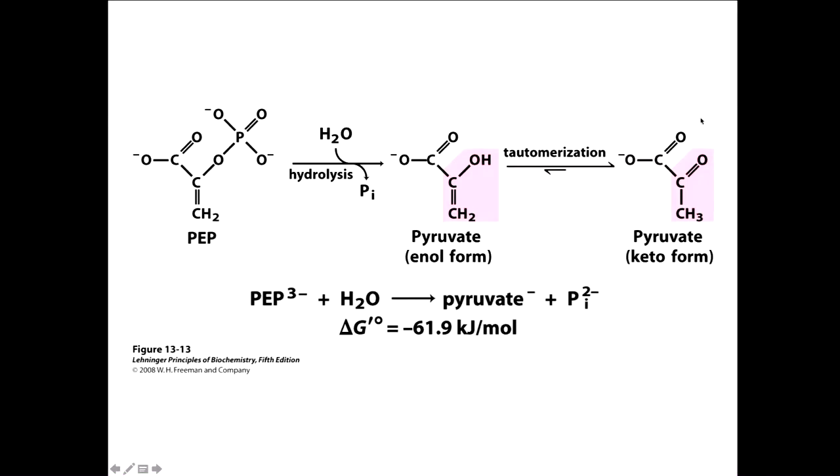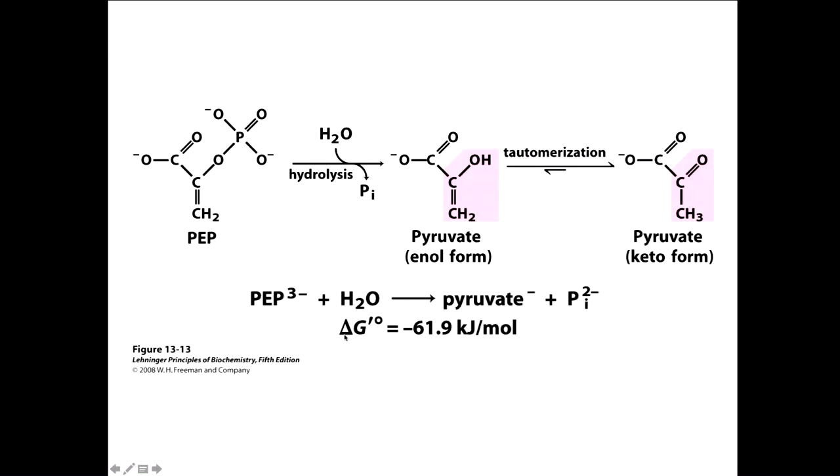This tends to go in this direction, and this is what you would most likely find floating around the cell. So it's much harder to go from here back to here, add on the phosphoryl group, and go back. It's that final tautomerization, or final change of the product, that helps pull this reaction forward.